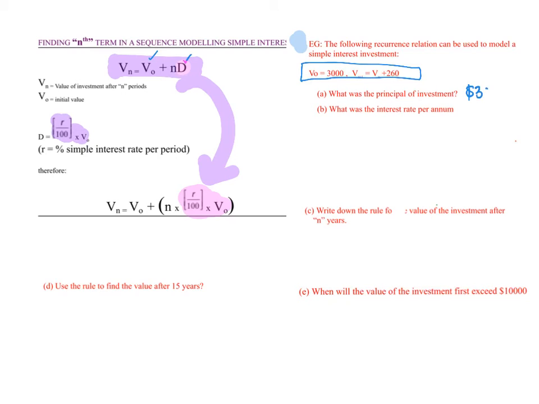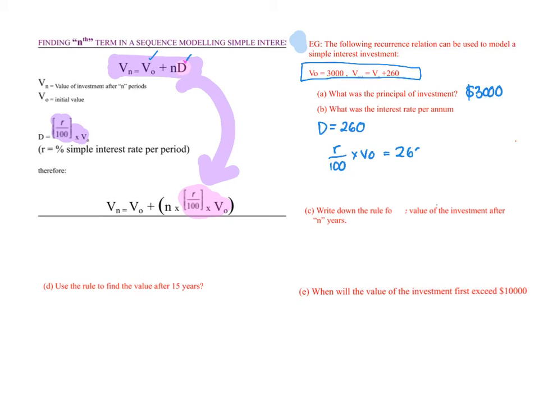Good. 3,000. What is the interest rate per annum? No, that's not a rate. So 260, you know that D equals 260, don't you? Now, you know the formula for D is actually R over 100 times V0.